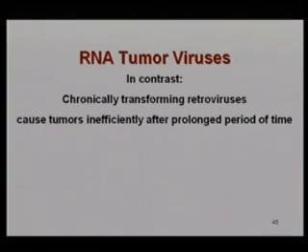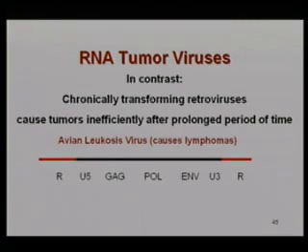But then a class of retroviruses was discovered, the chronically transforming retroviruses, which do not cause tumors rapidly. They may cause tumors in an animal over a period of years. So the next question was, why do these cause tumors? And when people looked at the structure of these retroviruses, they had a surprise. Here's avian leukosis virus, and what you can see is it has no extra gene.